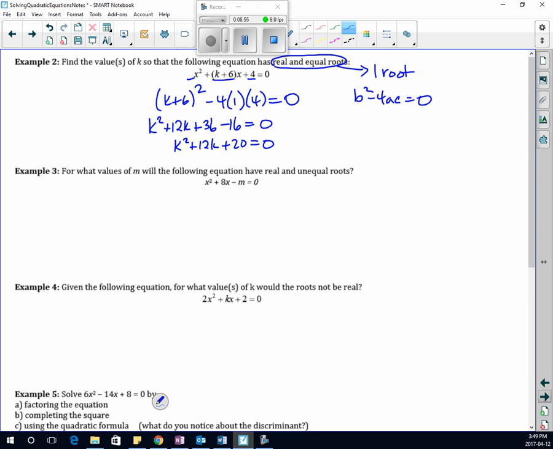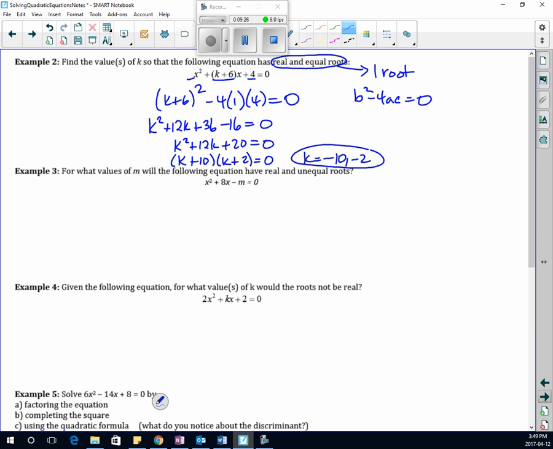So if you go through the factors of 20, 1 and 20, 2 and 10, you can see that this factors to be k plus 10 times k plus 2 equals 0, which means k equals negative 10 and negative 2. So when k happens to be negative 10 and negative 2, then we will get 1 root. That's the same.